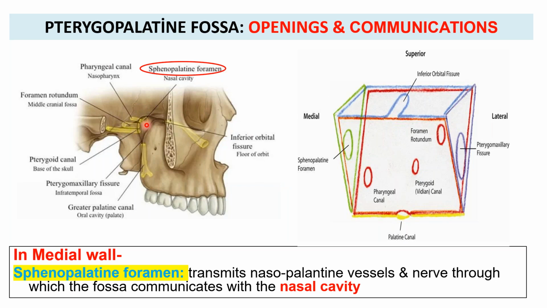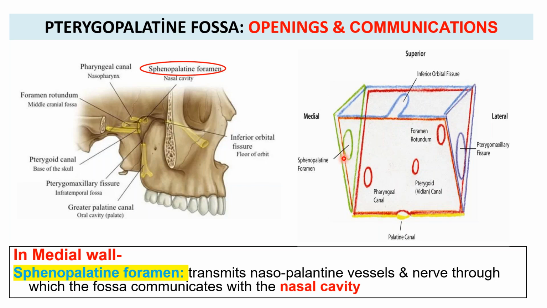Now this is the medial wall of the pterygopalatine fossa, and you can see a small foramen over here. This is the sphenopalatine foramen. Let me simplify it in this pyramidal aspect of the pterygopalatine fossa. Now this is the medial wall.